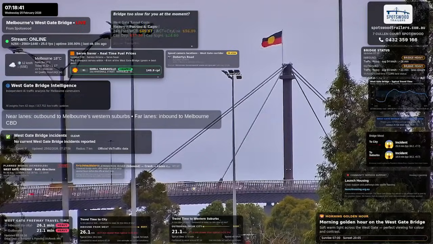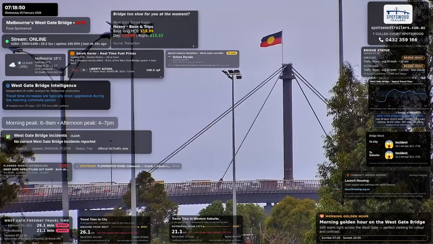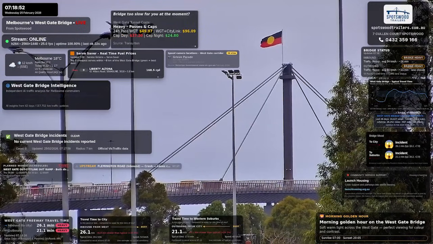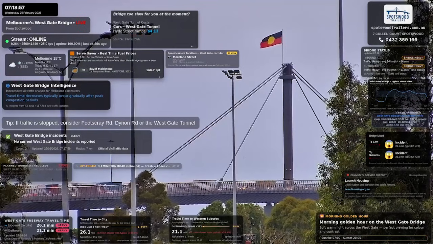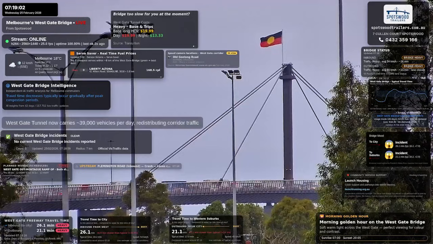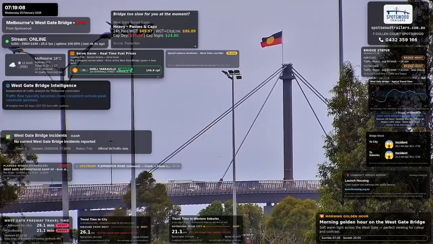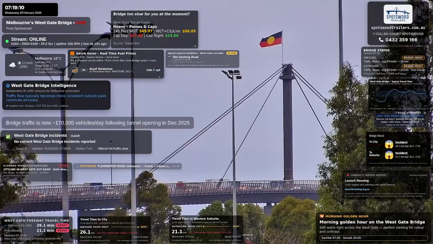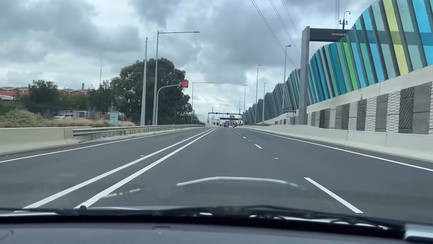Underneath that, we've got bridge mood. Let's talk a bit about the bridge mood overlay, an important overlay. This uses emojis to give an emotional indicator of how the bridge is feeling, or how people are feeling travelling over the bridge at present. What bridge mood is doing is using all the travel events that have been logged, and looking at the travel times as well, and coming up with a calculation.